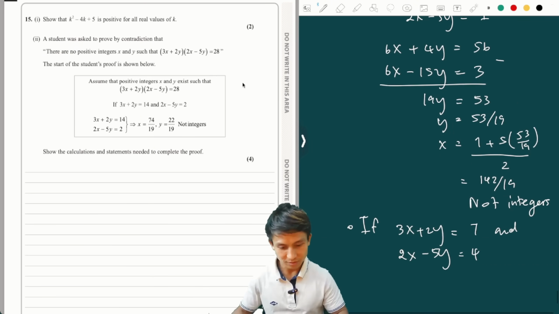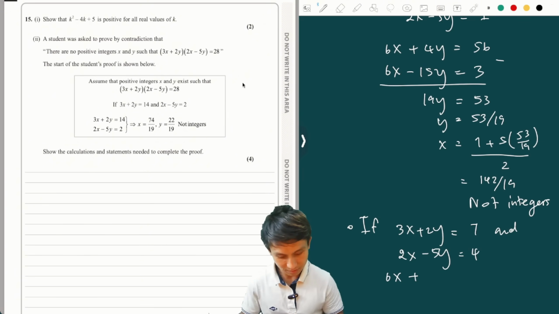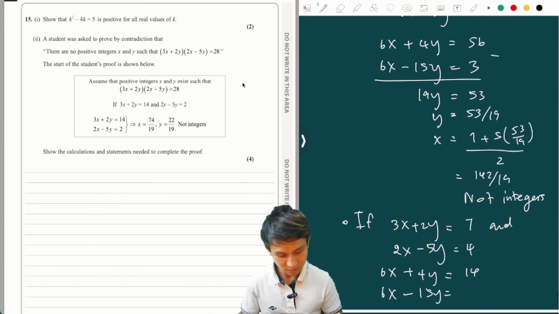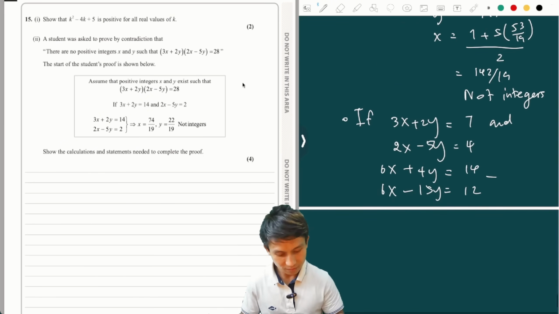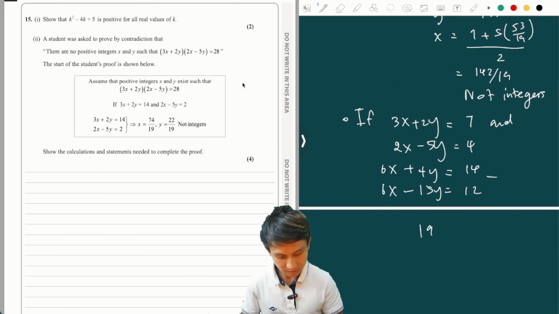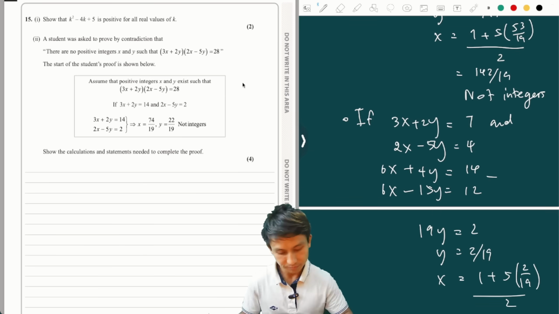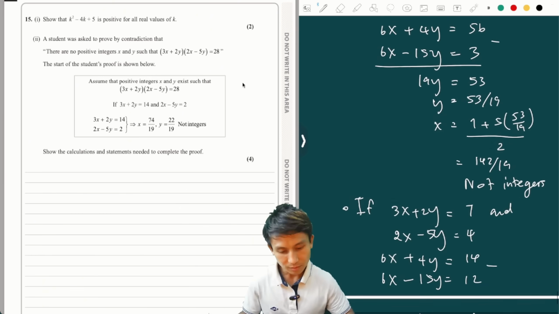Again, we're just going to do 6x plus 4y equals, multiplying by 2, 14, and 6x minus 15y equals, multiplying by 3, we get 12 here. If we subtract them, we get 19y equals 2, so y equals 2 over 19, and x is 1 plus 5y over 2, right?